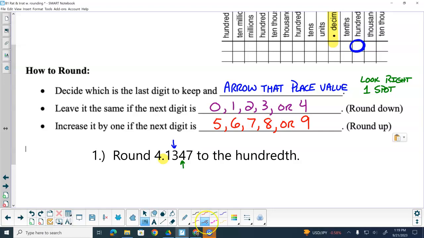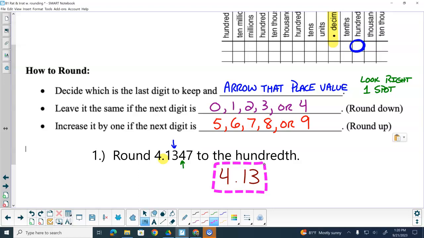So this rounded to the hundredths would be 4.13. As you get better and better at this, you won't need to draw these arrows anymore, but until then, the arrows help.